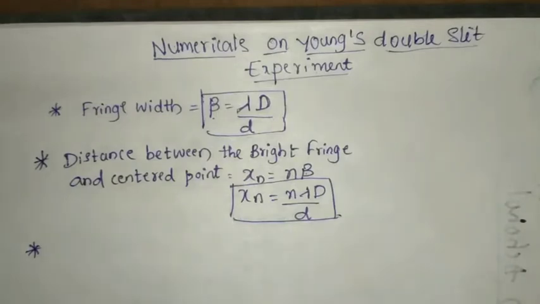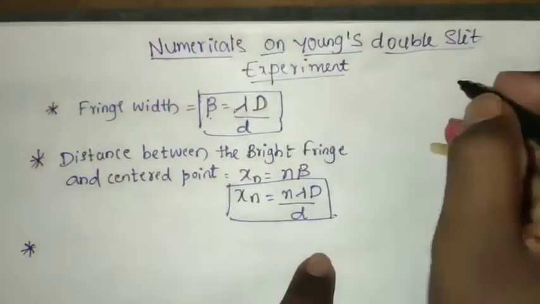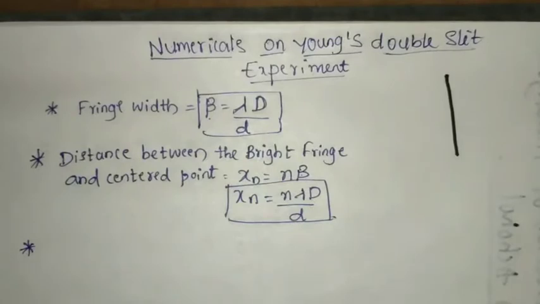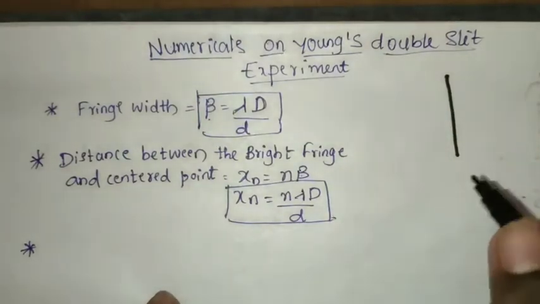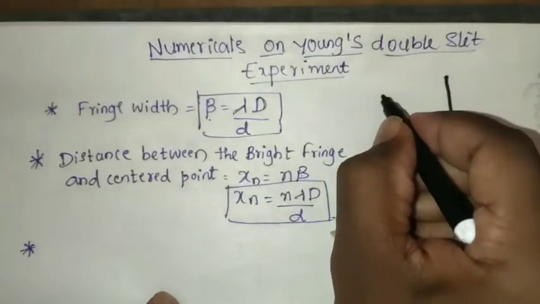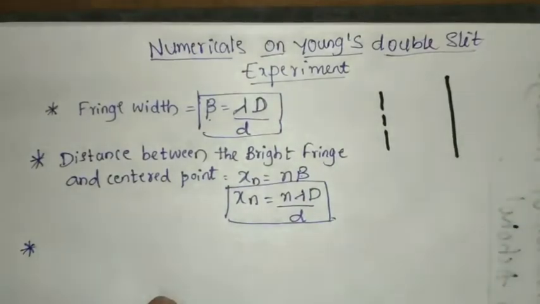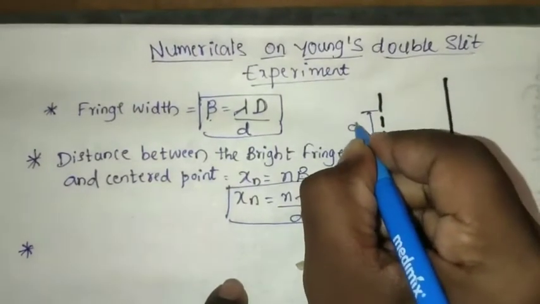Before writing that formula, I will explain Young's double slit experiment briefly. See here, this is the screen. This screen is used to obtain bright and dark fringes, and at some distance from it they will place double slits. The distance between these two slits is small d.